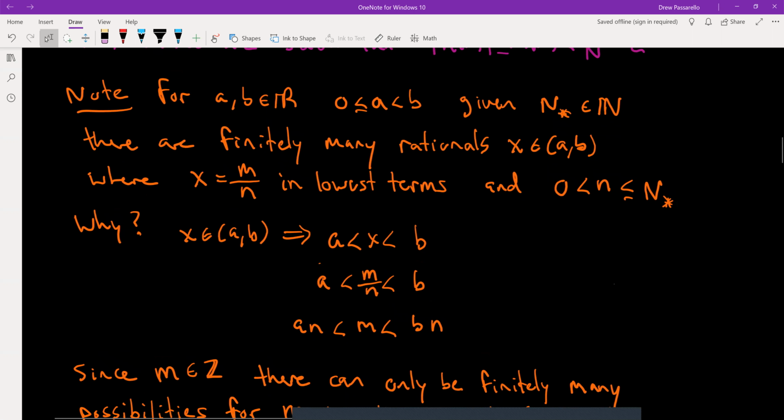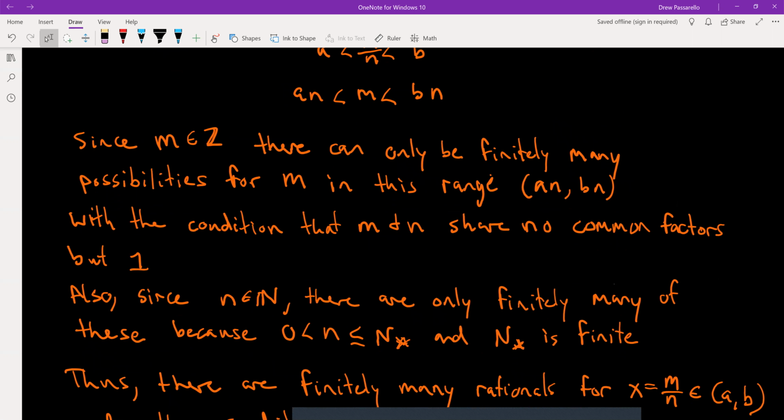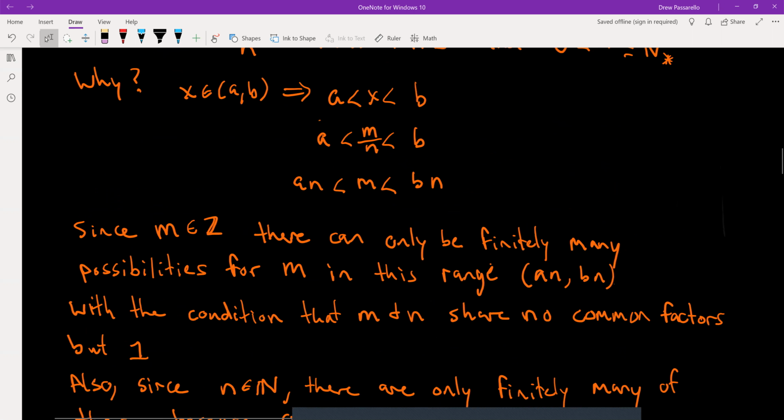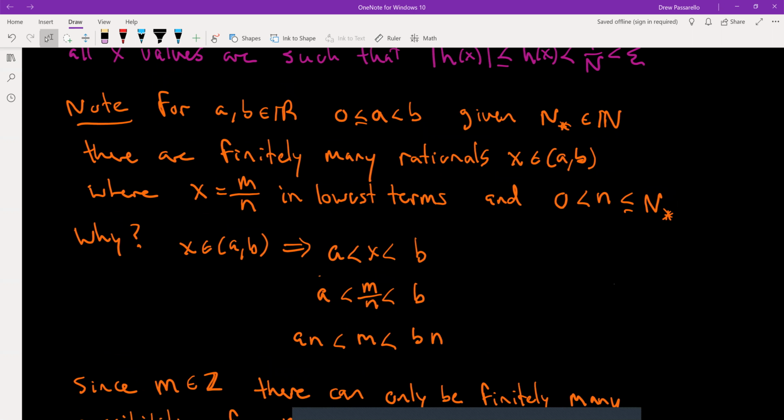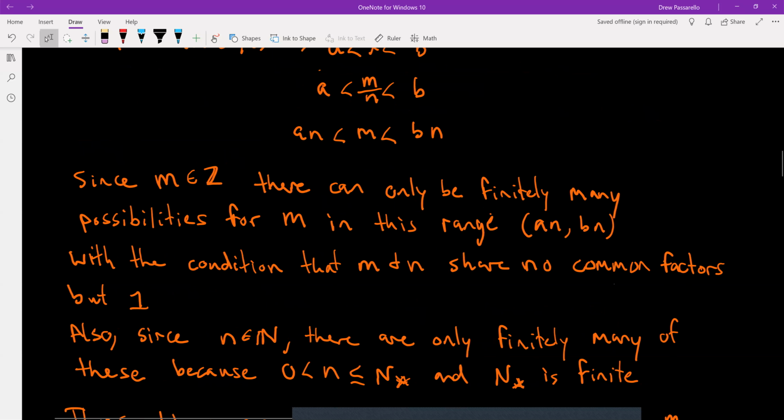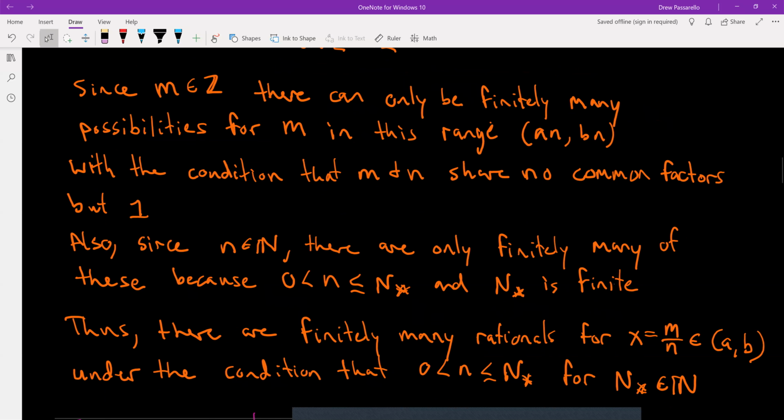Since n is a natural number, and there are only finitely many of these, because we're assuming 0 < n <= N*, and N* is a finite value, there are finitely many that come before it. Thus, there are finitely many rationals x = m/n in the open interval (a, b) under the condition 0 < n <= N*, where N* is a natural number.